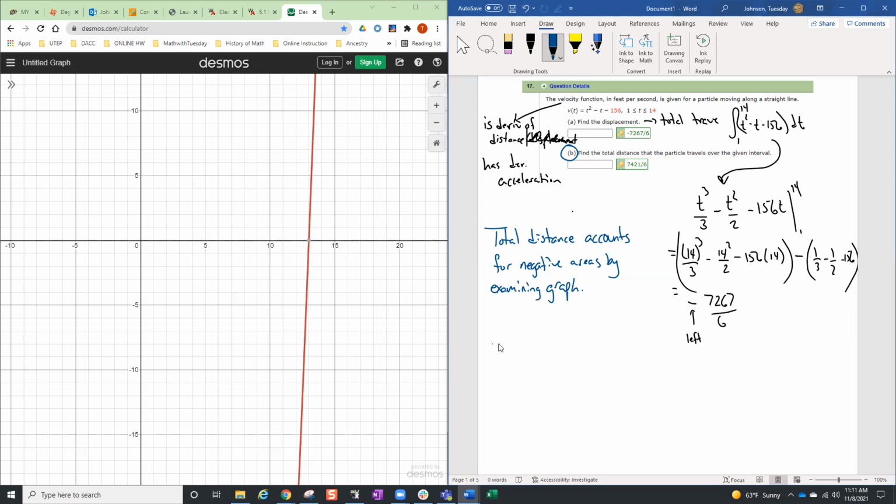So we'll look at the opposite of the area from 1 to 13, and add to it the positive area here from 13 to 14.